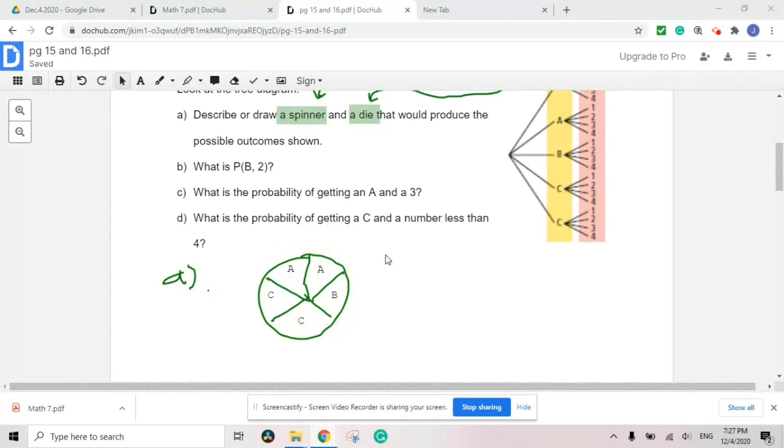This is the spinner. And when it comes to the die, a die with 4 sides, which is kind of hard to draw, but this will be a die with four sides. As you may see, I have front, left, and right as a pyramid, and then the bottom.